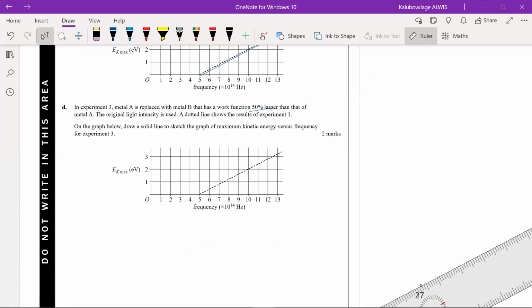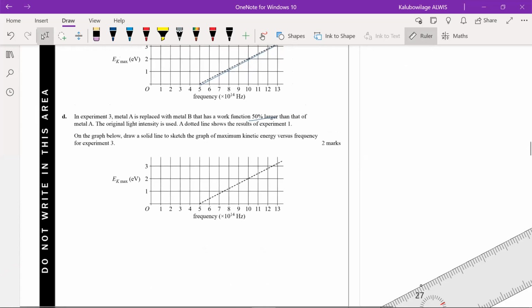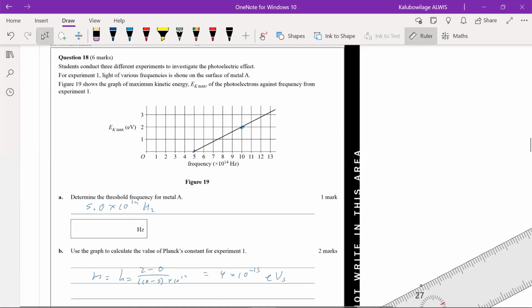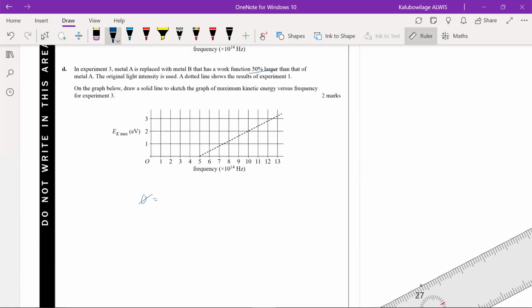Energy. So the work function, you can find the work function for the original. You have the Planck constant now, so work function is h times f0: 4 times 10 to the power minus 15 times 5 times 10 to the power 14.